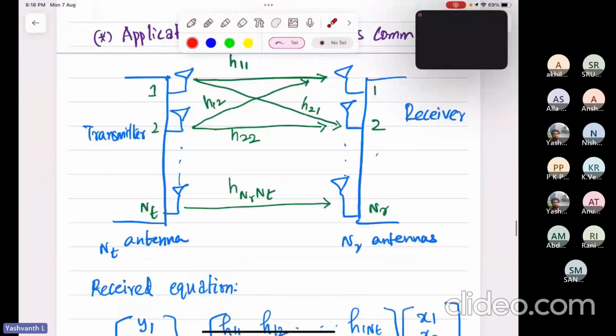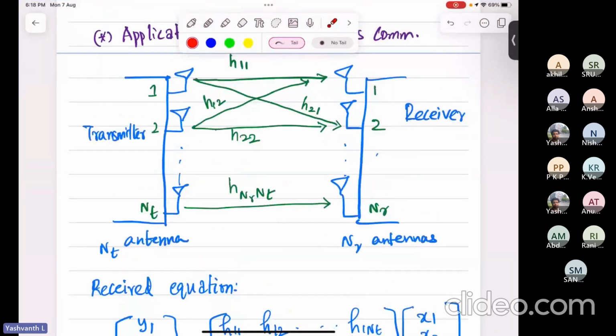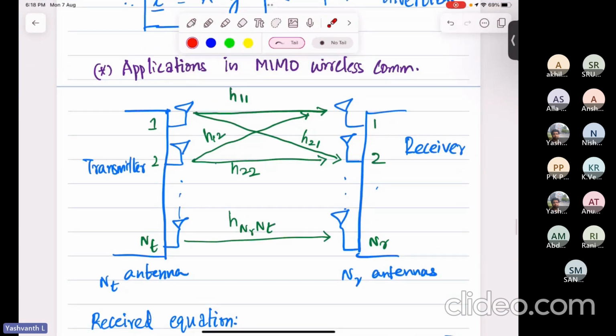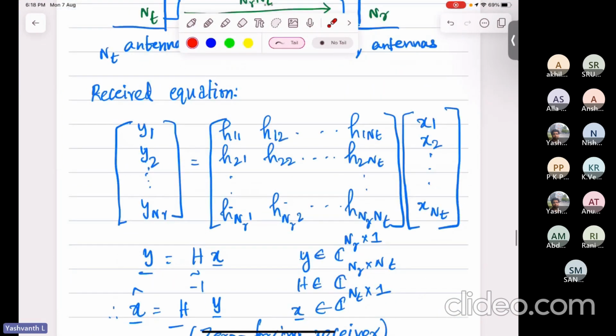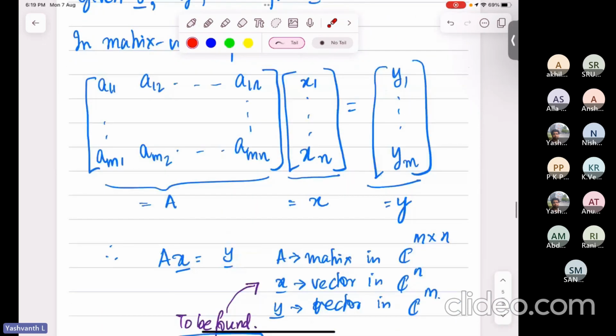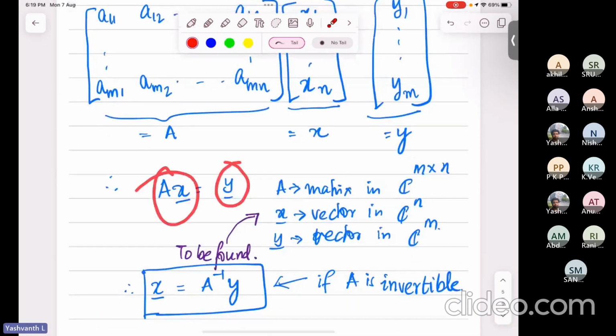So now what we can do is write the input vector x and the output received signal y in this particular relation. This is the received signal and this is the transmitted signal. In between, there is a channel matrix, and this is really of the form y equal to Ax.